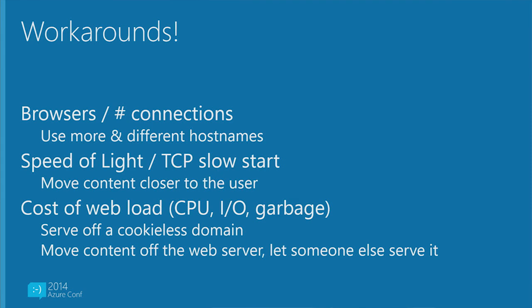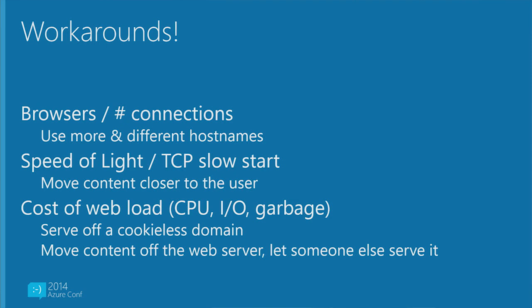So the more host names you are using, the faster the transfer will be because the browser will make more connections to them. Now, of course, don't go overboard there. Don't go for 50 host names to download every resource from a different host name. That's completely crazy. But it does help to put images, for example, on a separate host name, CSS files on a separate host name, and so on.